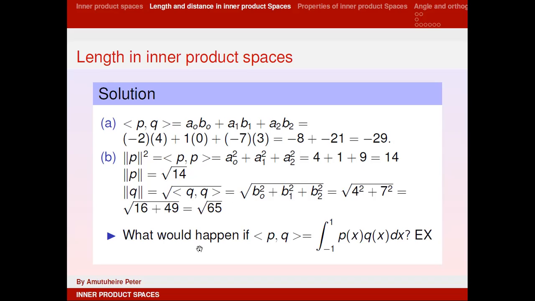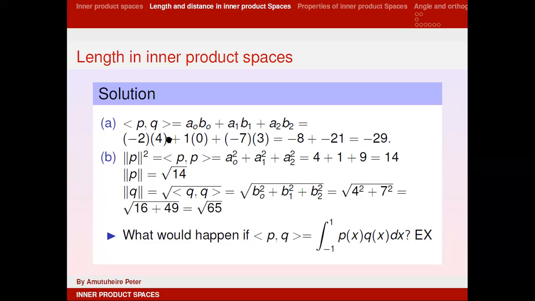Now we want to ask ourselves what would happen if our norm had been defined not by taking the sum of the product of the coefficients. What if we defined our inner product as the integral from -1 up to 1 of the product dx?